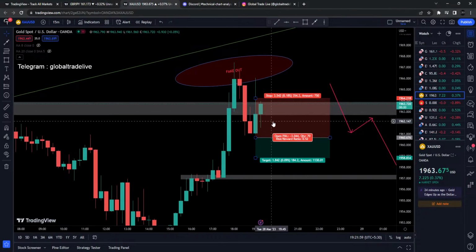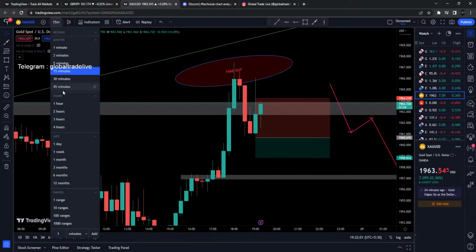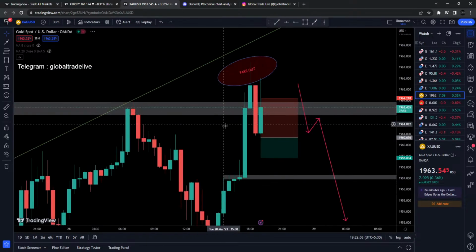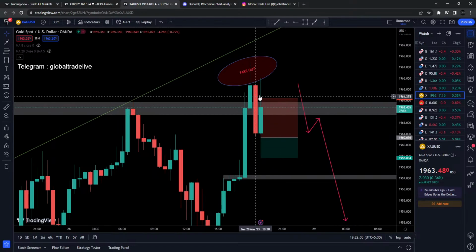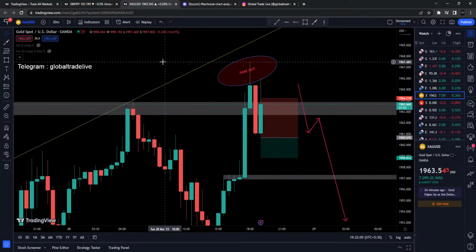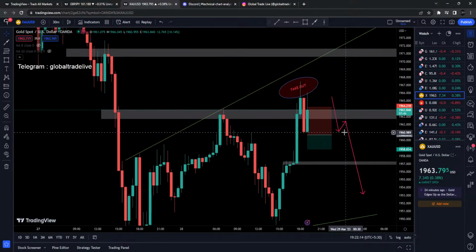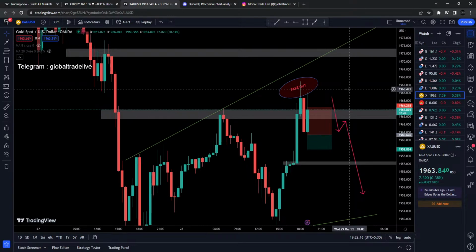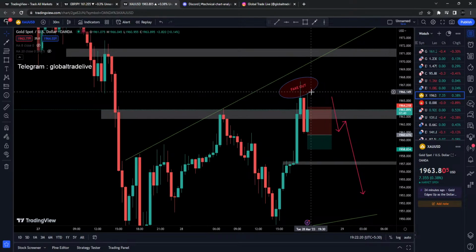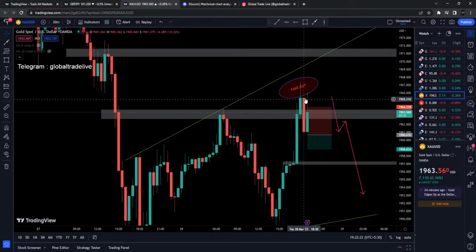Okay, so gold is now pushing the price up a little bit. Let's have a look at the 30 minutes, what it looks like. It looks the same as it was looking earlier. No signs of bullish momentum coming in. The only sign of bullish momentum will be if the current 30-minute candle breaks its own high again.